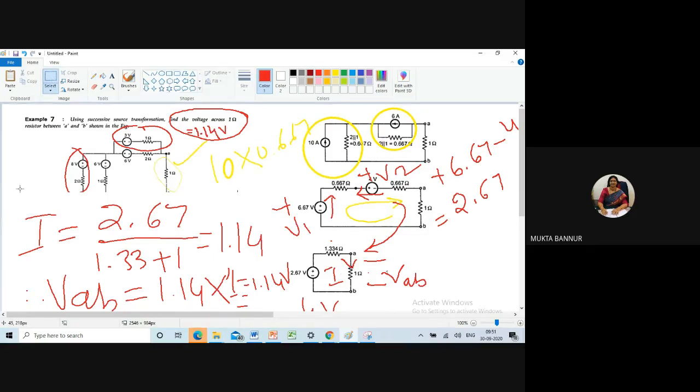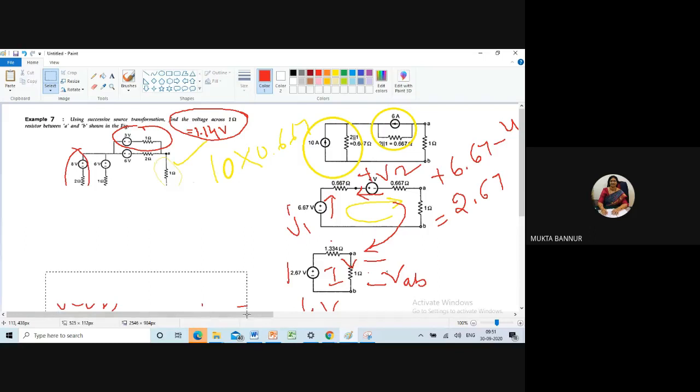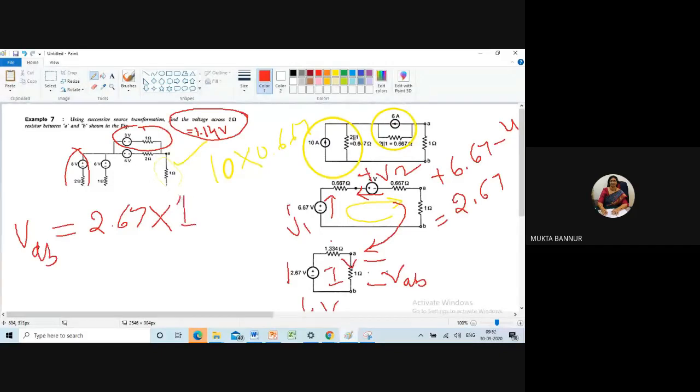Similarly, now I am going to apply a voltage division rule for the simplified circuit. According to voltage division rule, VAB equal to source voltage, that is 2.67, into the resistance of the resistor across which we are interested to evaluate the voltage, that is 1 ohm, divided by summation of resistors connected in series, that is 1 plus 1.33.